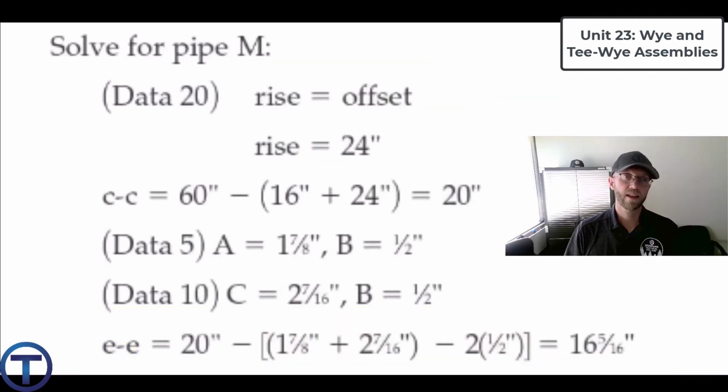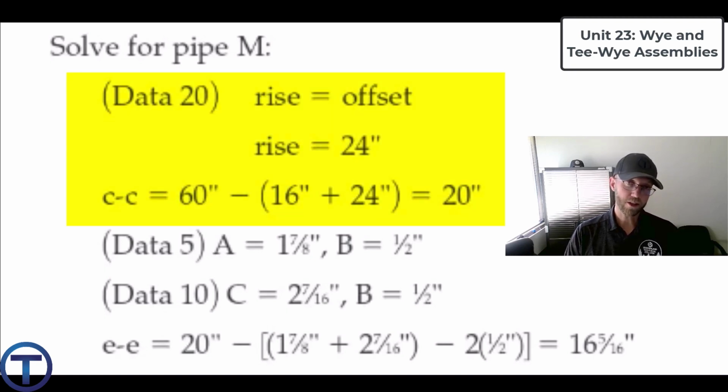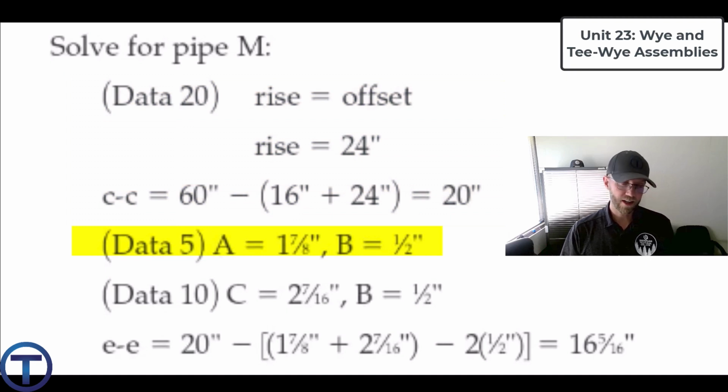Finally, let's solve for our end-to-end measurements on pipe M. As we found our center to centers, we took 60 inches and subtracted off the 16 and the 24. That left us with 20 inches up there at the top. Using what we know about our 45 from data table 5, we're going to subtract off 1 7/8, and we have to take into account a 1/2 inch thread in.